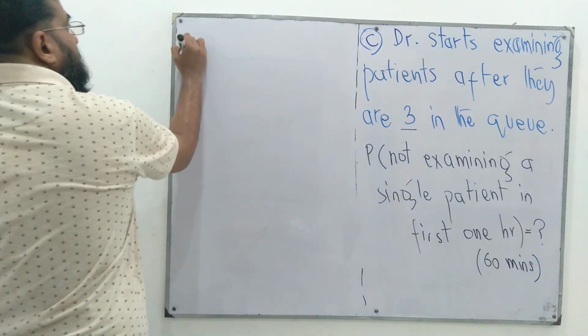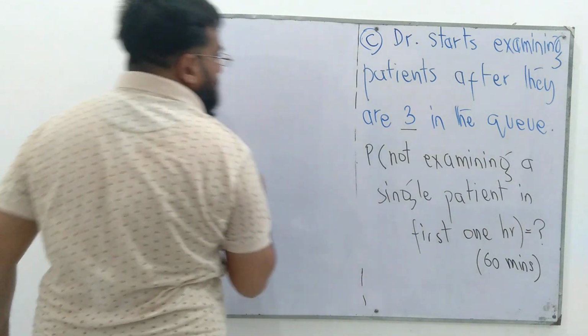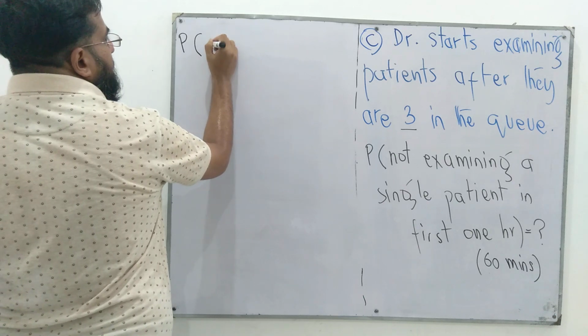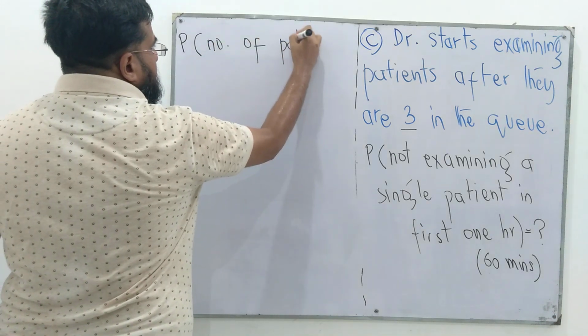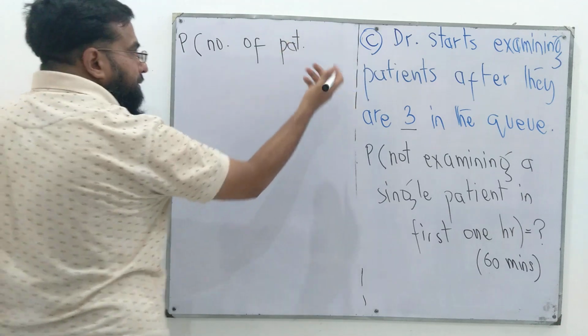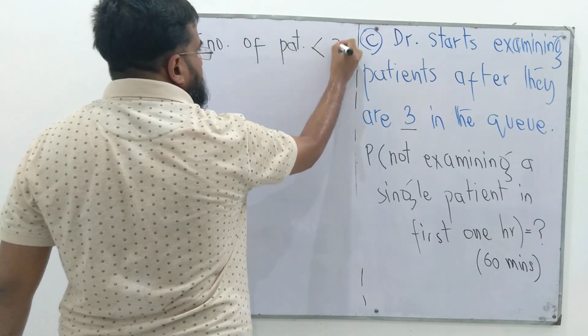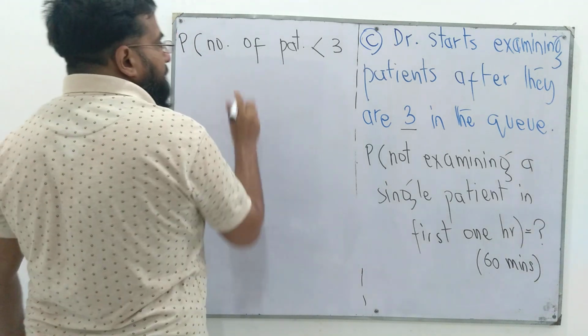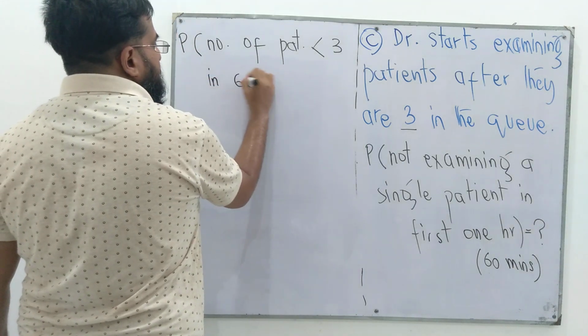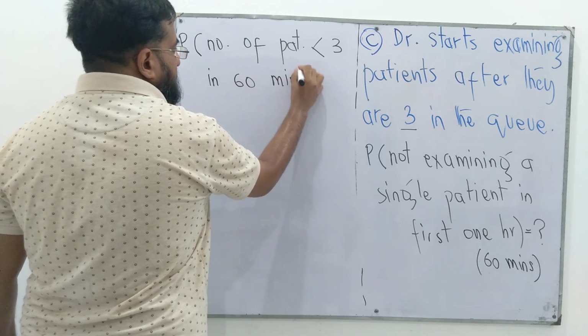So this probability is equivalent to the number of patients received being strictly less than 3, not equal to 3, in 60 minutes.